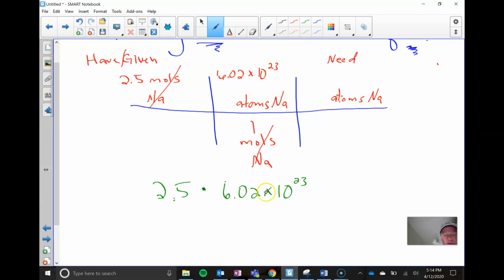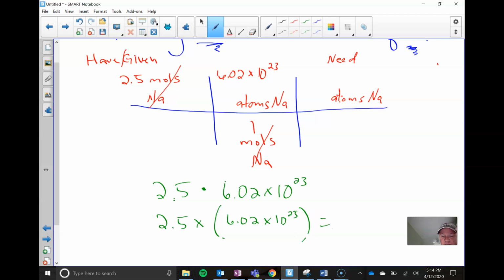So the way that I would plug this in on the calculator, of course, 2.5, and then times, then I would open parentheses and then put in my scientific notation, 6.02 times 10 to the 23rd, however you need to do that, and that's calculator specific. And then very important here, close parentheses. Okay?